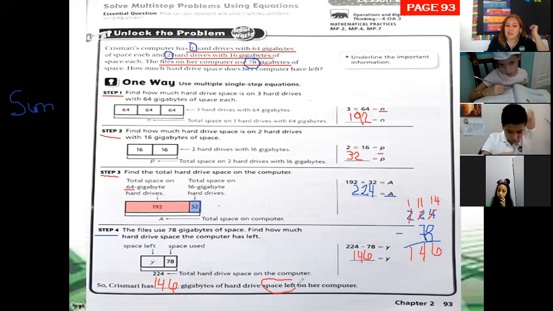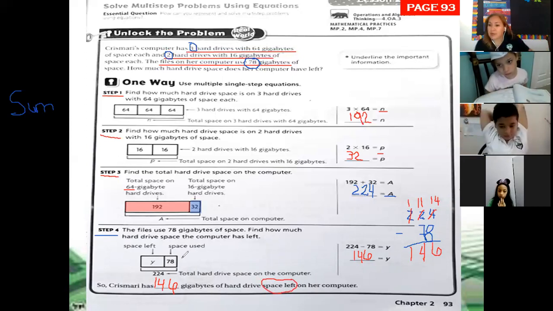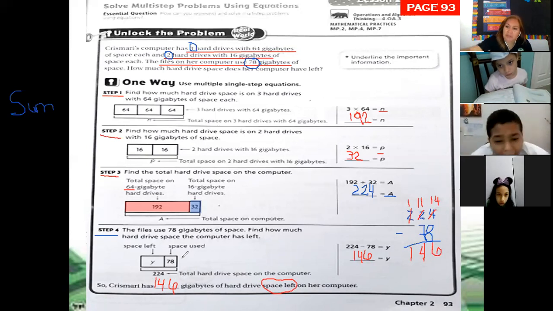Space left, espacio libre, in her computer. You know that a computer needs an amount of space to work. Sometimes my cell phone sends me a message. I think the message is here. It tells me, queda poco espacio.